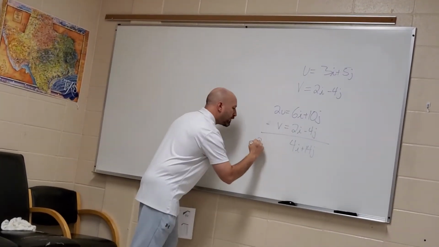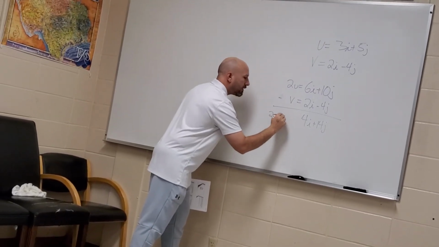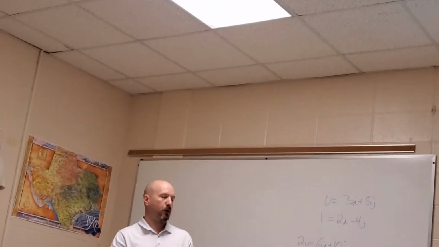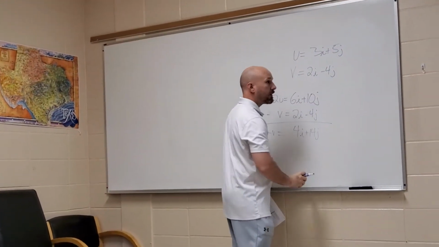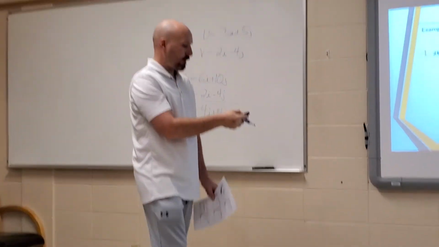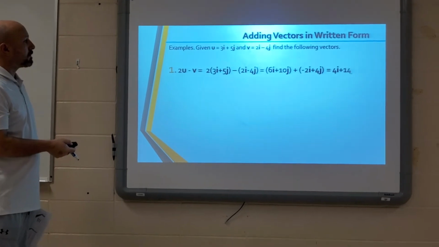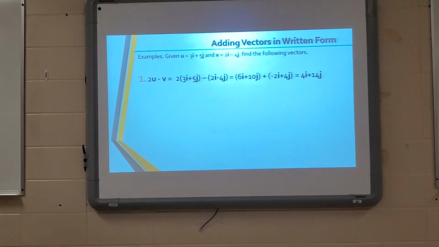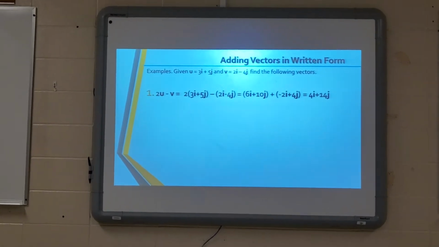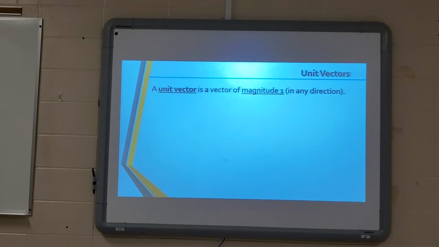So 2u minus v is 4i plus 14j. All right, so let's go back over here, and you get the solution I got. This is just another way of doing it where you set it up kind of like an addition problem and just add up and down.